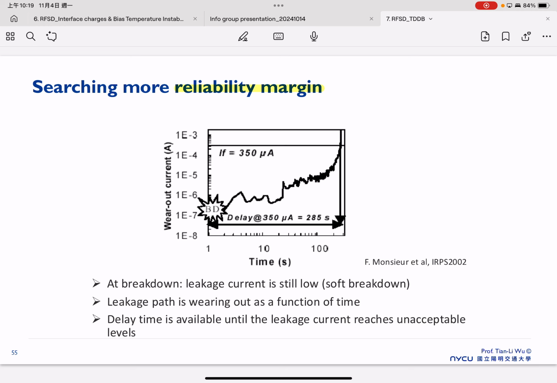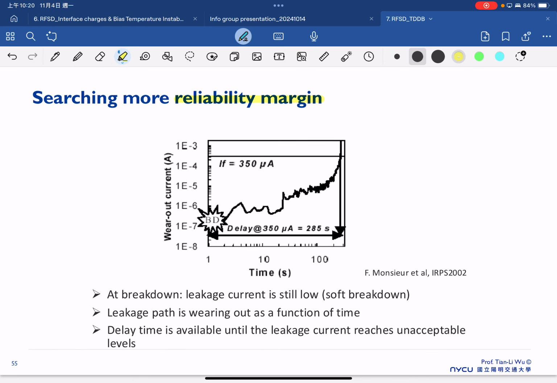If you look at the characteristic here, first of all, at this moment we start to have a soft breakdown. But if we define our criterion for the hard breakdown as 350 microamps here, then at this moment we have the hard breakdown. This also gives us a sense that there's a time interval in between, and this time interval can be our lifetime margin.